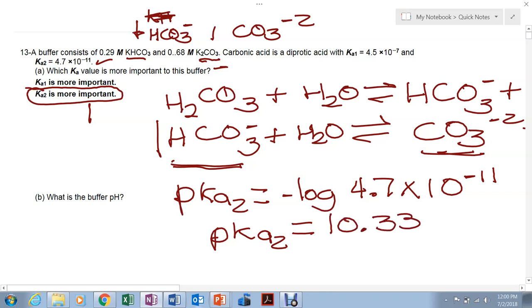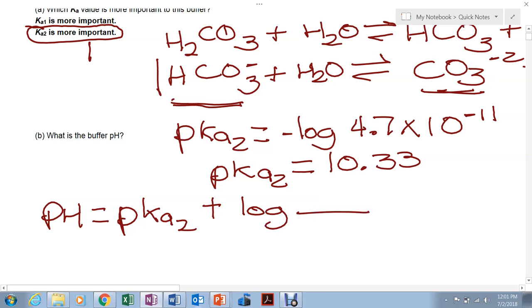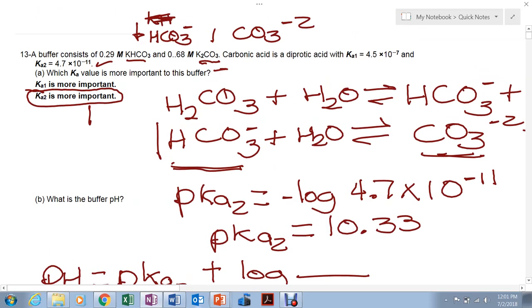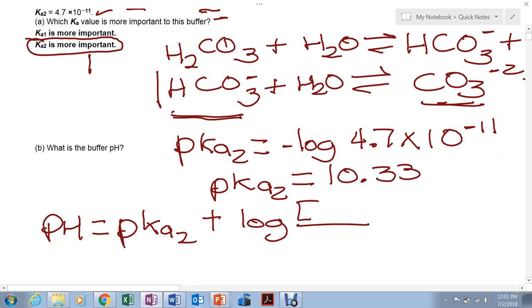Now, looking at the equation again for calculating the pH of a buffer, let me write it down so you're sure why your pKa2 is the most important, because you got plus the log of the concentration of CO3 negative 2, which is this one, divided by the concentration of HCO3 negative 1.